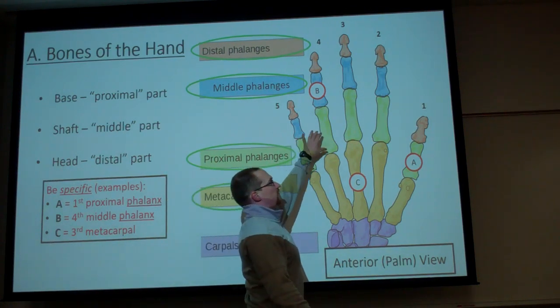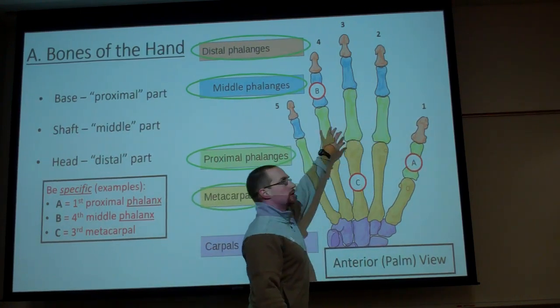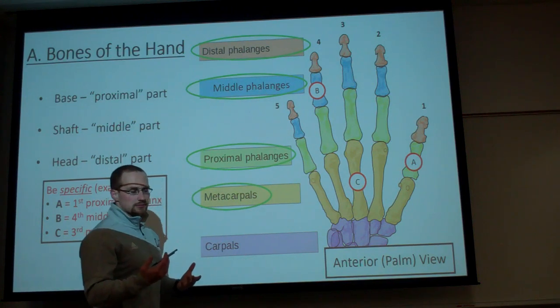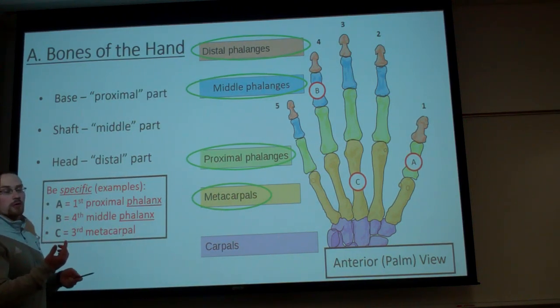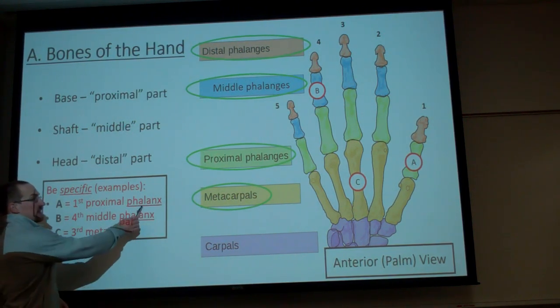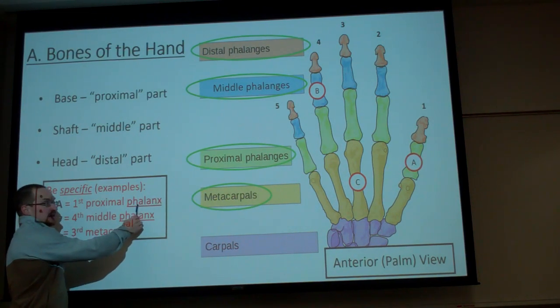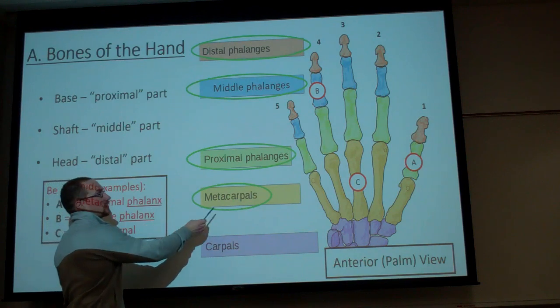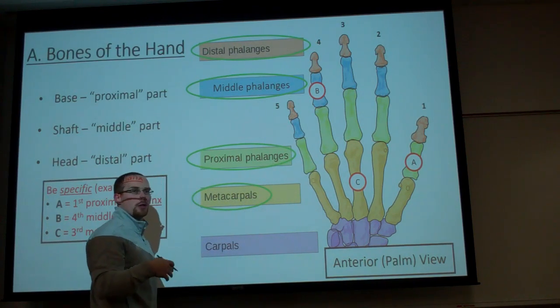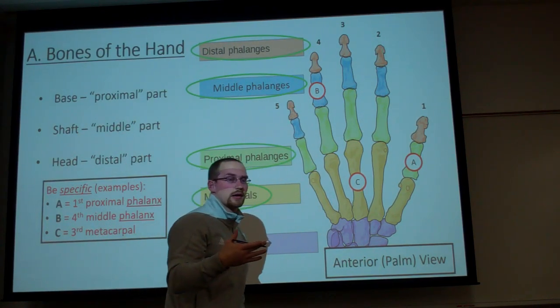And then we get up to your fingers. These are your phalanges. The singular form for phalanges is phalanx. This is important to know: phalanx is singular, phalanges is plural. This will be tested on next week.